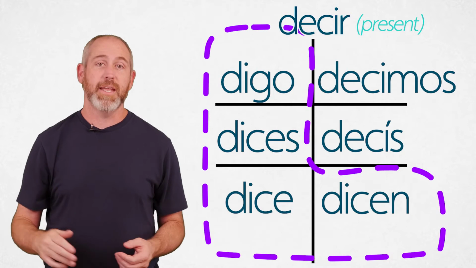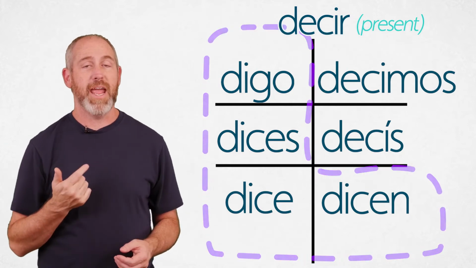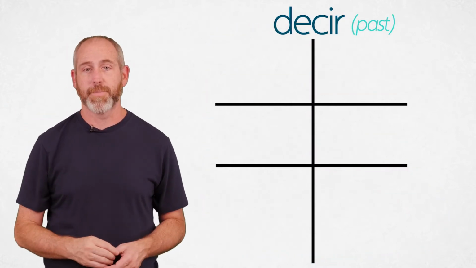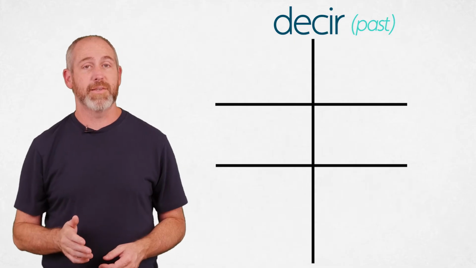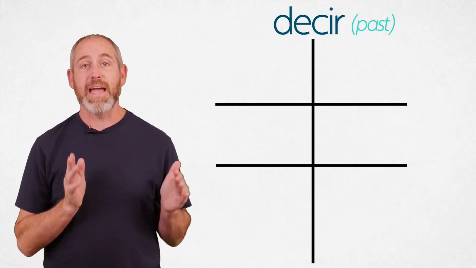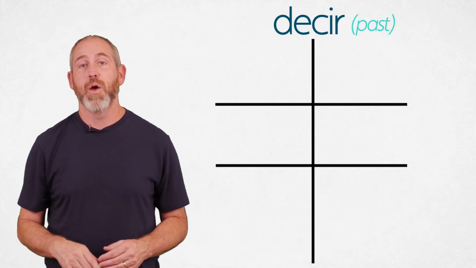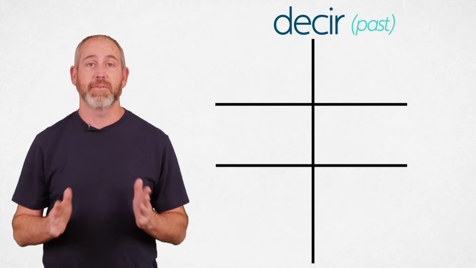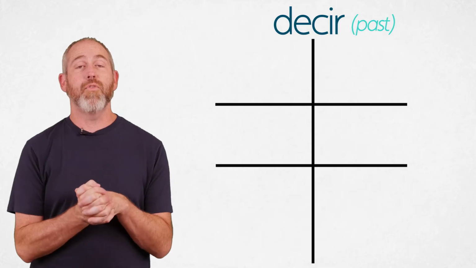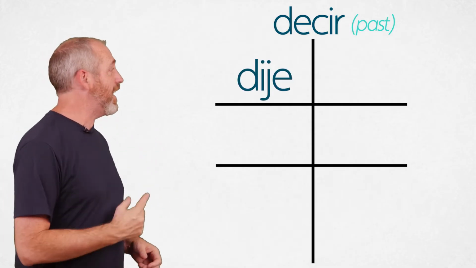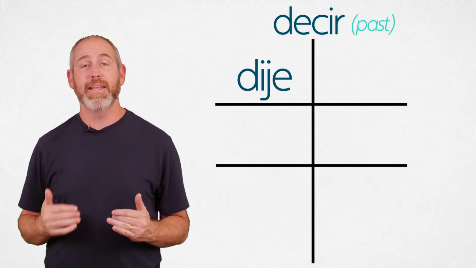Now let's get all of those off and put the past tense in. Now luckily in the past tense, we only have to remember D-I-J. This is an interesting form in the past. We're going to remember D-I-J. Okay? Now the yo form is yo dije, D-I-J-E.